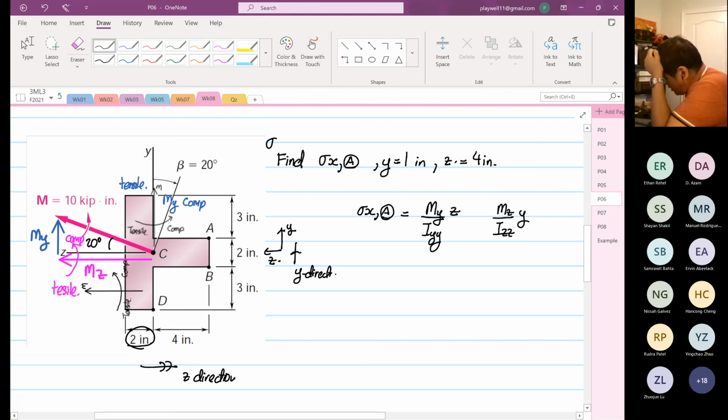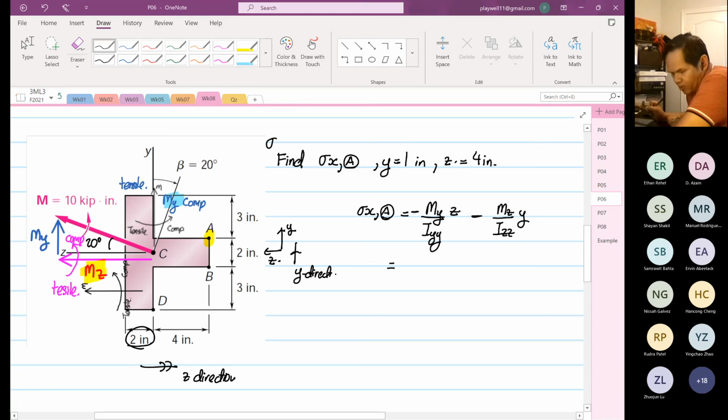So if we look at My now at point A, we're going to focus at point A now. Okay, point A, right? Moment about Z at point A is going to induce a compression. Okay, moment about Z at point A is going to induce a compression. Then if we focus on Y at point A, it is also going to induce a what? Induce a compression. So both are minus. Okay, so next you just plug in your formula.